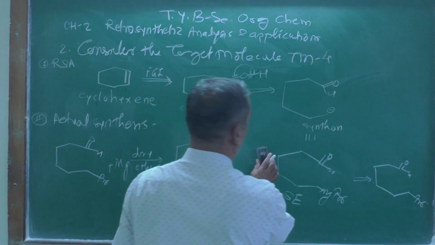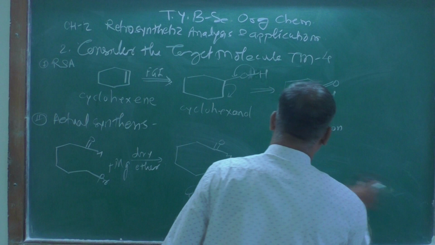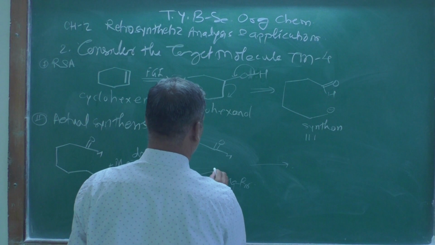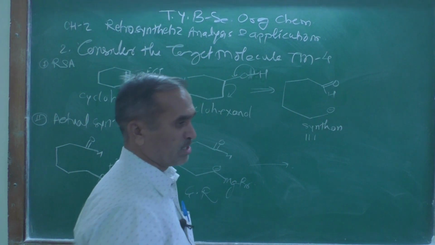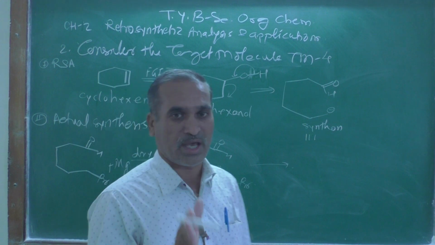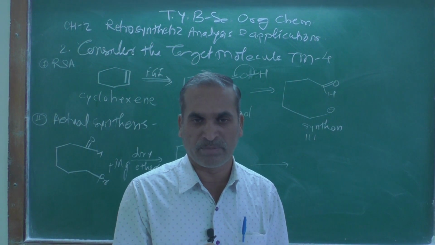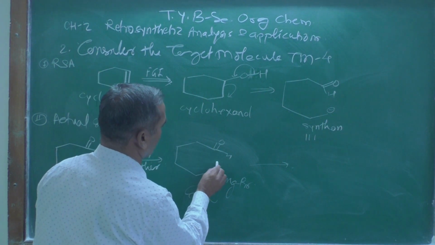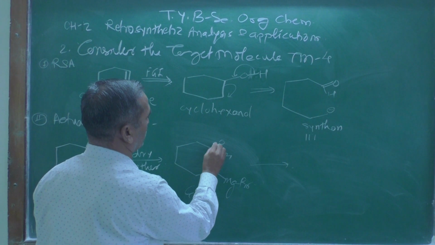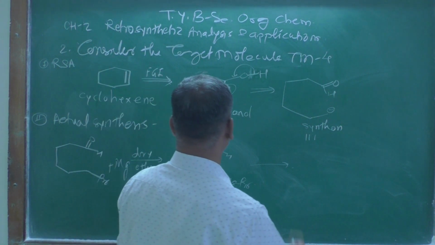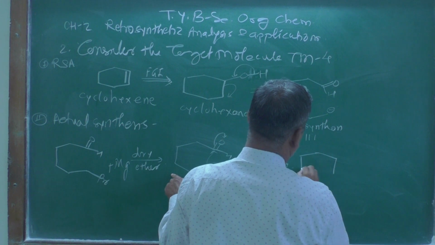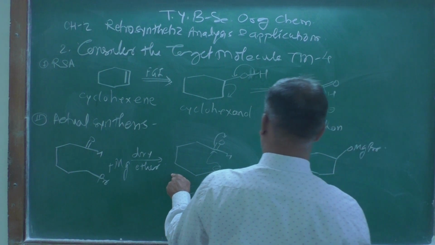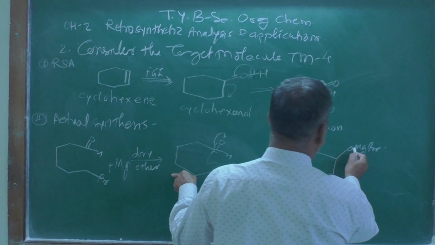Once you get the Grignard's reagent, a negative charge forms, because the metal always carries the positive charge. You must remember this. The adjacent carbon is negatively charged, and this negative charge attacks the oxygen atom, and you get this type of intermediate. So here O, Mg and Br. That is the intermediate you get.